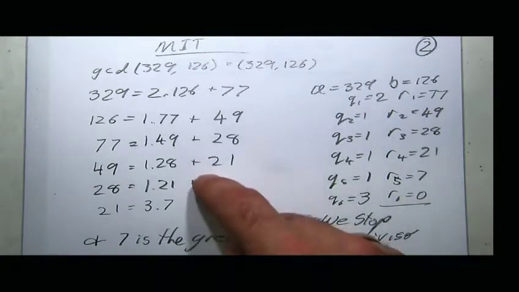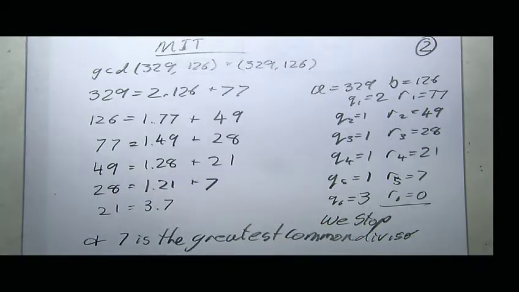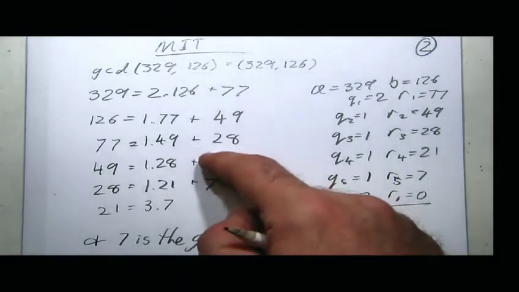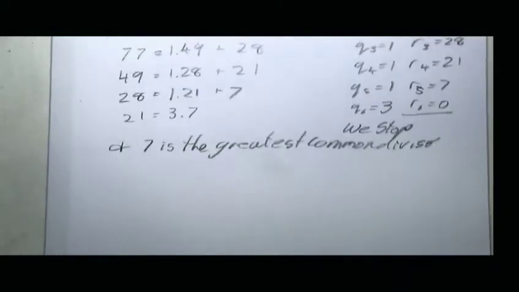So we started here and said, well, 7 is equal to 28 minus 21. Is that the right way around? Yes. And so what we can do is rearrange this and say 21 is equal to something in terms of 49 and 28. Let's see if we can do it here.